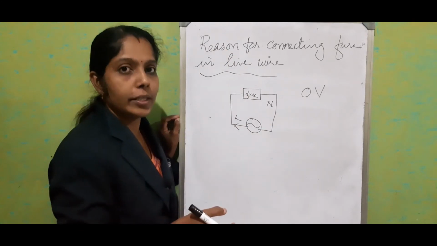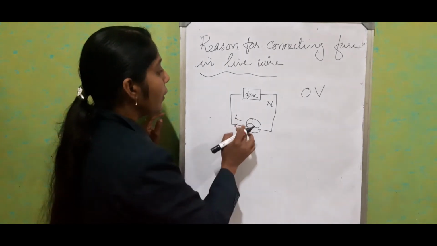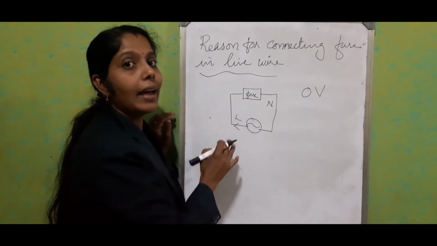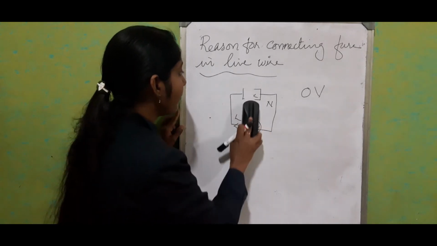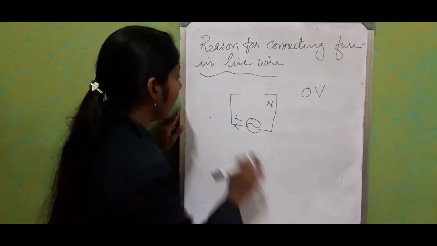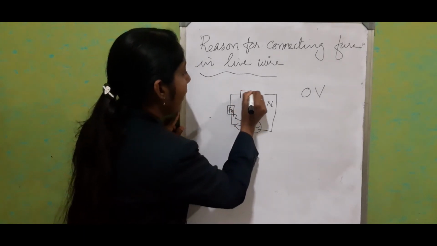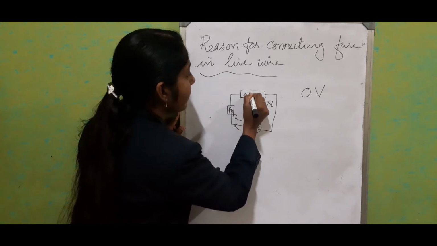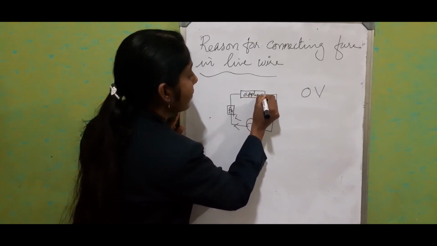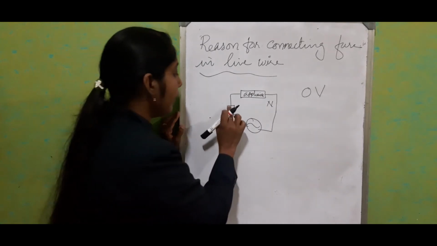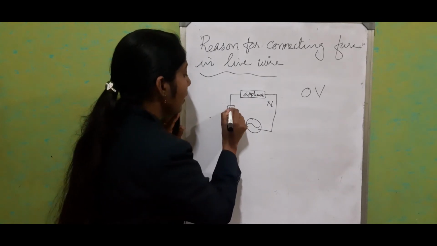So the live wire is the connection to the appliance, and the neutral wire is the return path. We always want to connect the fuse in the live connection. Let the fuse be here and let the appliance be here.